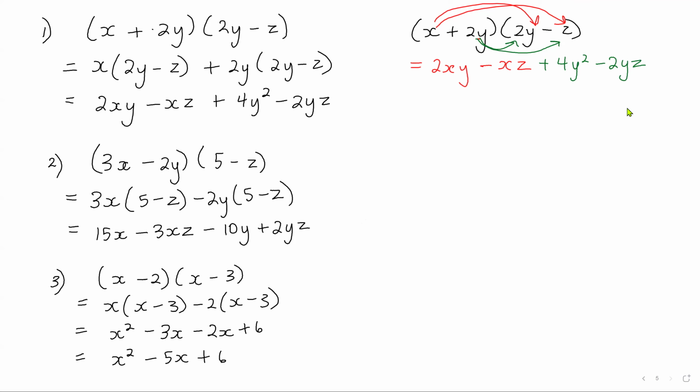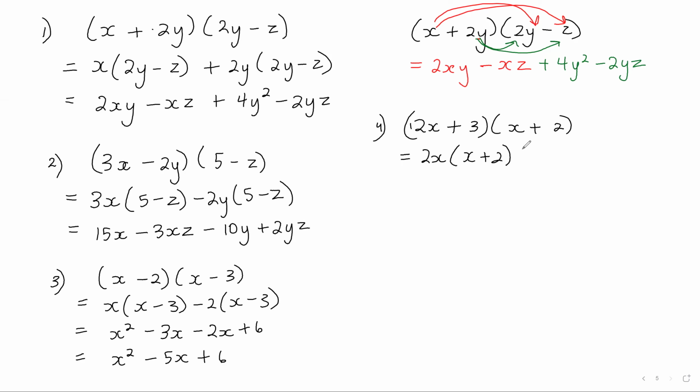So let's say I have 2x plus 3 by x plus 2, right? So I'll take this term, 2x, multiplying it by the full second bracket.